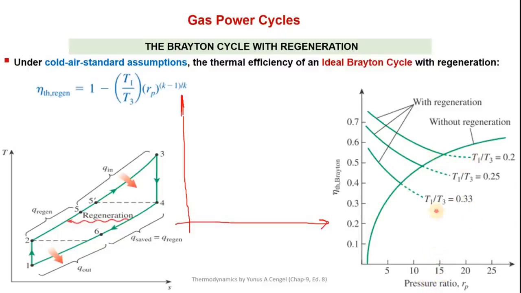For example, this is the pressure ratio. Then we see that as T1 by T3 increases from 0.2 to 0.25 and then so on to 0.33, efficiency is dropping. Right. So now what this means, let me show it here again.